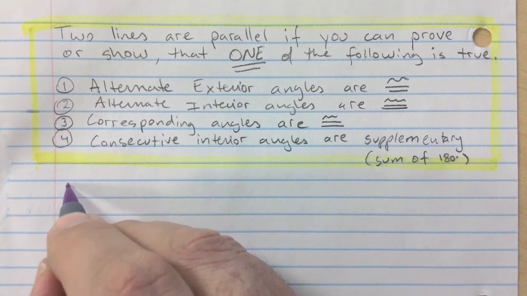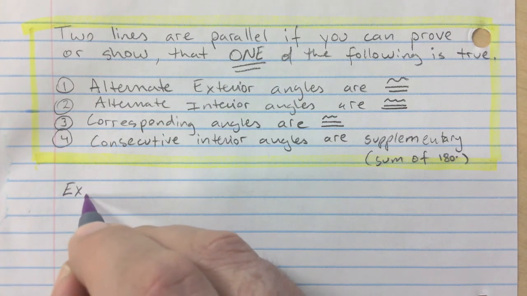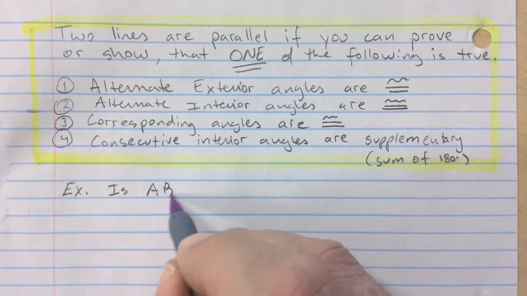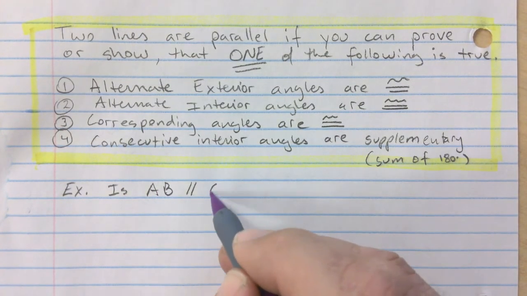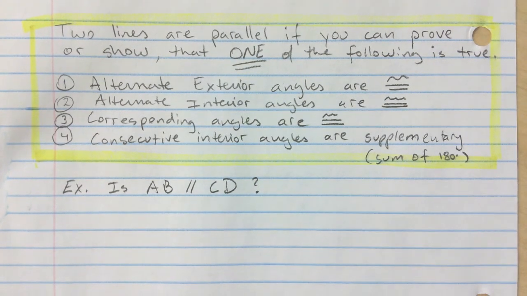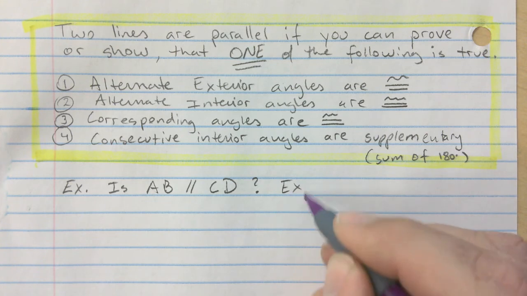Our example is: is AB parallel to CD? Explain.